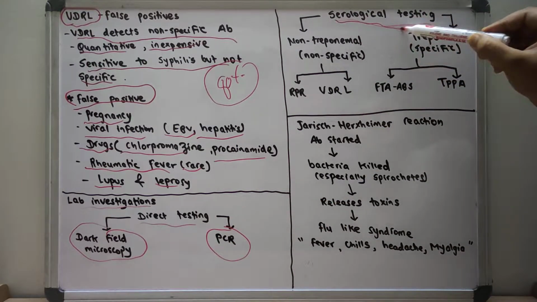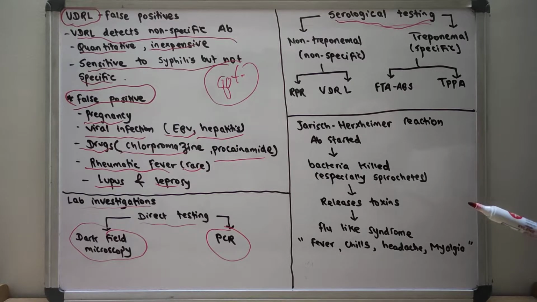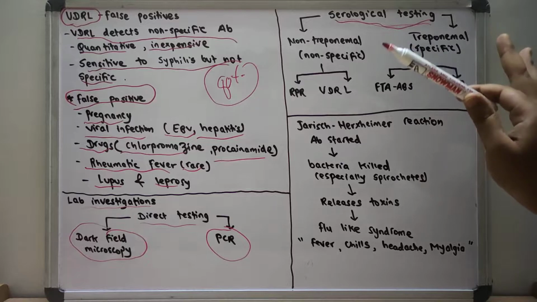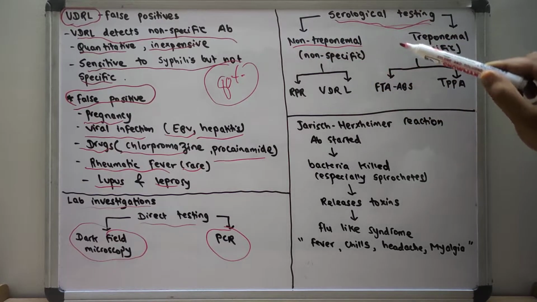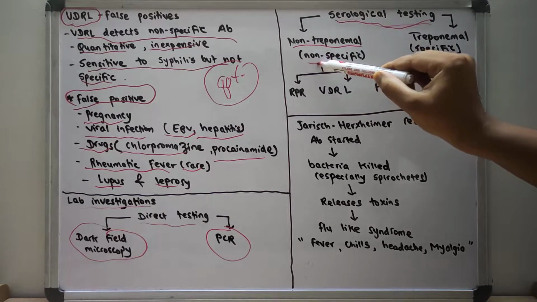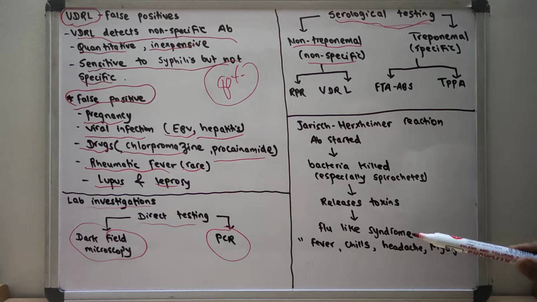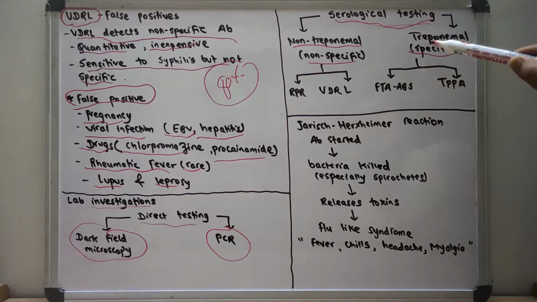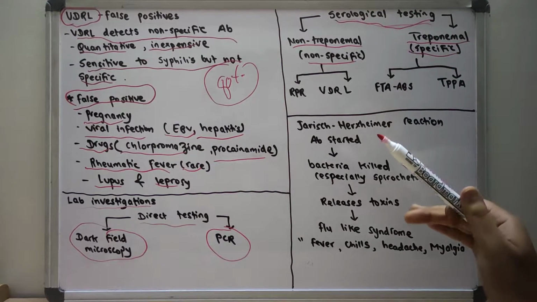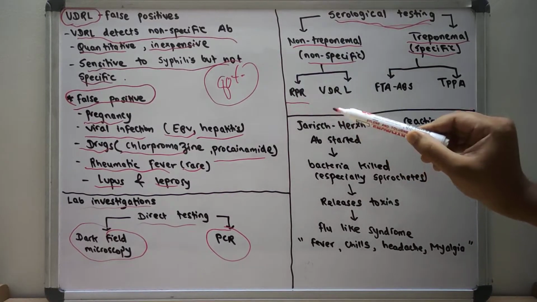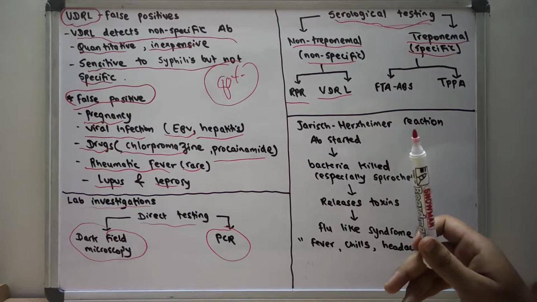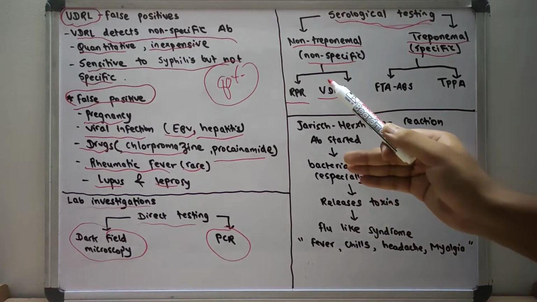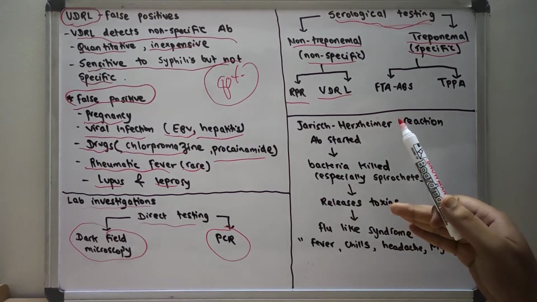And serological testing is again divided into two types: non-specific and specific. The non-specific type is called non-treponemal serological testing, and the specific type is called treponemal serological testing. In the non-treponemal tests, we have the RPR test, rapid plasma reagin, and the VDRL test, Venereal Disease Research Laboratory.